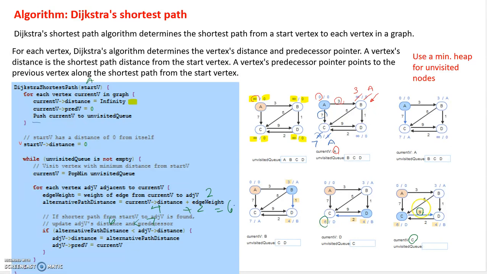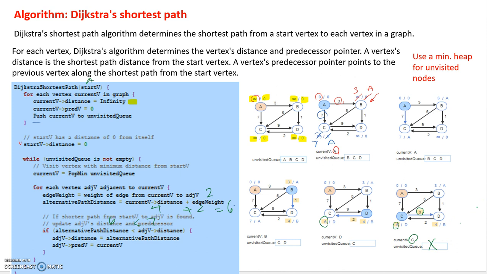The alternative path distance will be 6 plus 9, which is 15, and that is not smaller than 4. So D will not be updated. And so this while loop is finished. You go back to the top of the loop. Queue is empty, and we are done.